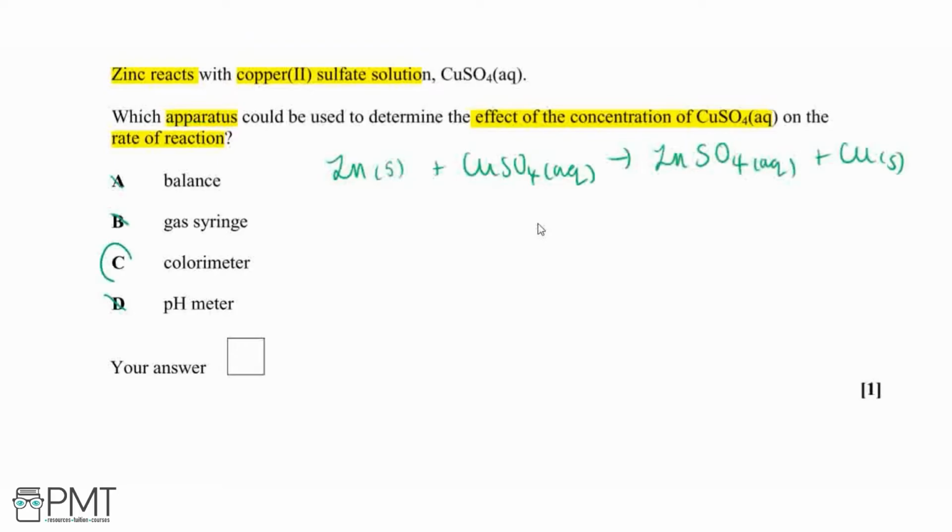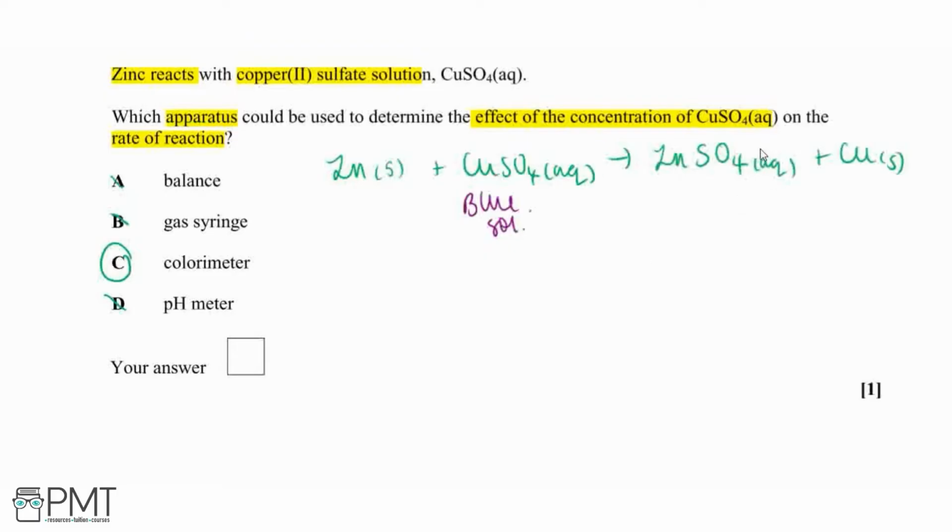So this leaves a colorimeter as our answer, which is also appropriate for this reaction because our copper sulfate is a blue solution because our copper is a transition metal, and we know that a property of our transition metals is that they produce coloured solutions for their compounds, whereas our zinc is not a transition metal.